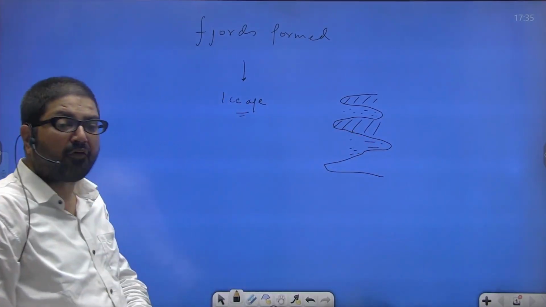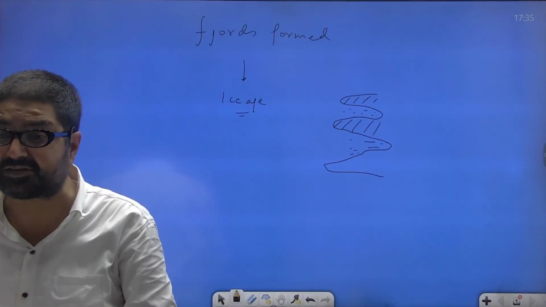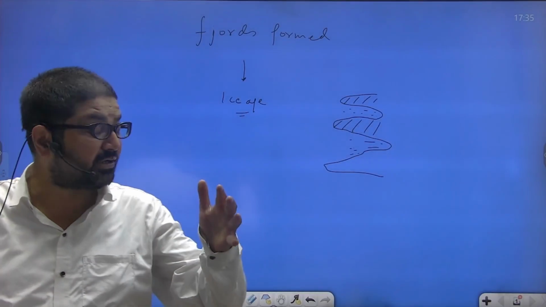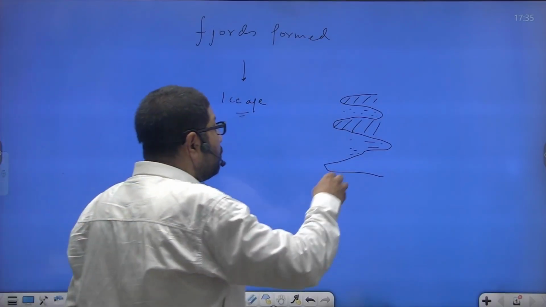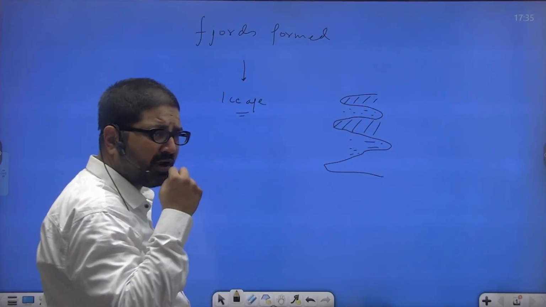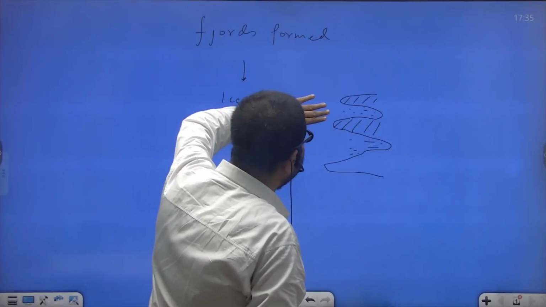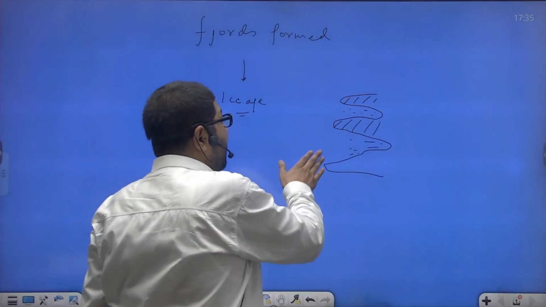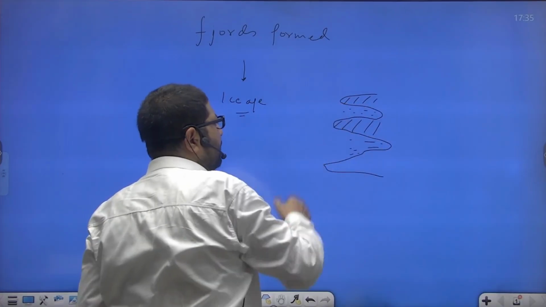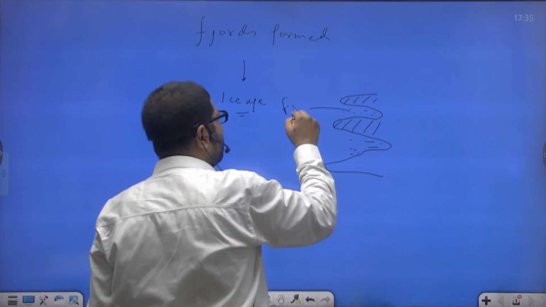Since multiple glacial cycles took place and the weight of the ice was huge, long, narrow, deep valleys were carved out during the ice age, right? When the ice age came to an end and sea level rose, the sea water occupied these deep glacial valleys, and these narrow inlets of water bodies came into existence, which are known as fjords.